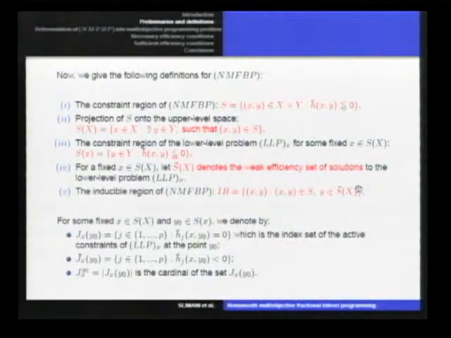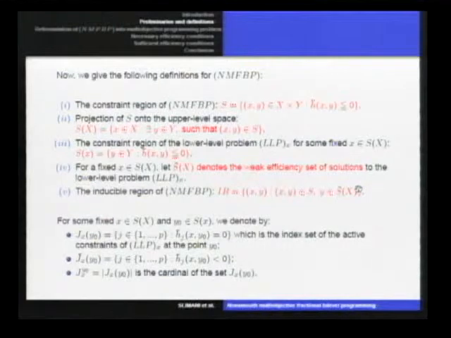For a fixed x, S bar capital X denotes the weak efficiency set of the solution of the lower level problem LLPx. The induced region of the problem NMFBP is given by RIR.